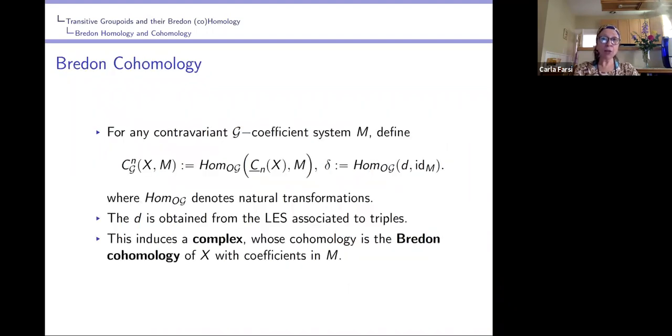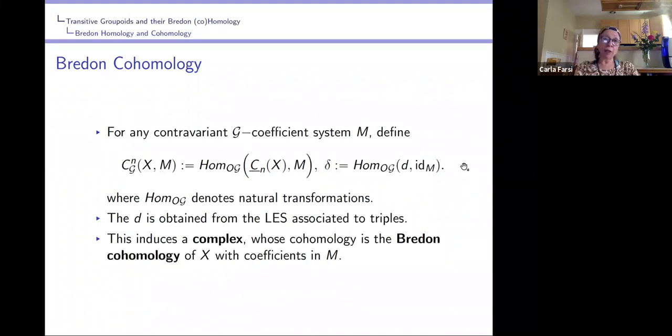And so you define this canonical G-coefficient system. Then to define the cohomology in another coefficient system, you just take the hom over the orbit category from this standard coefficient system to another one. You find a complex. By the way, the d is related to the boundary mapping for triples.